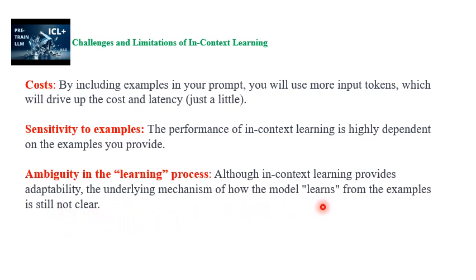Although in context learning provides adaptability, the underlying mechanism of how the model learns from examples is still not clear. It is not clear how exactly the model learns from the examples. So we have the challenges of cost, sensitivity to examples, and ambiguity in the learning process.